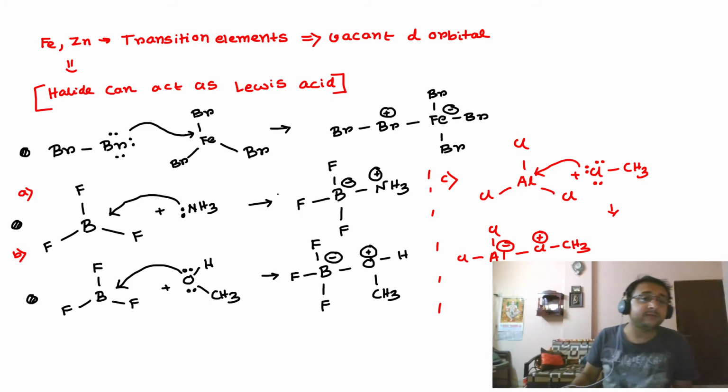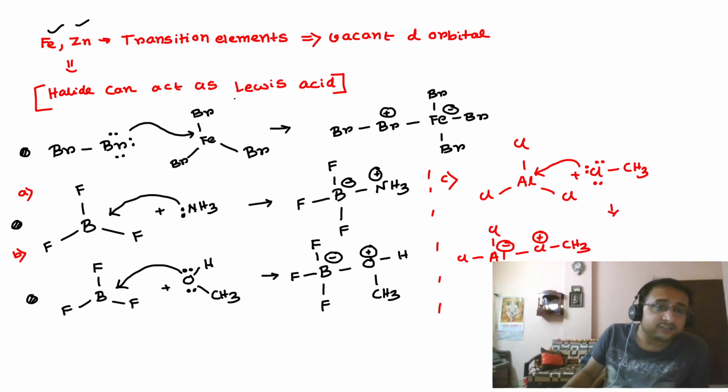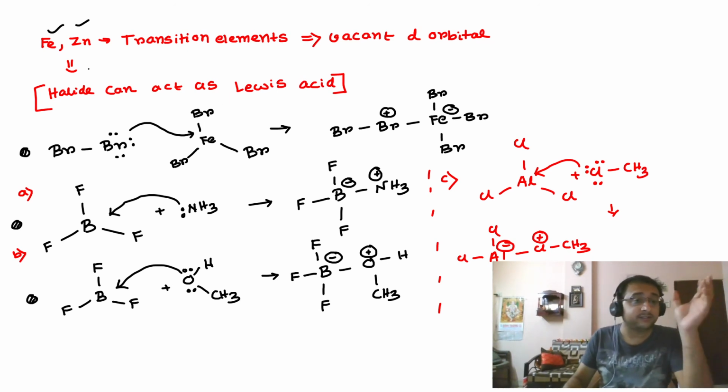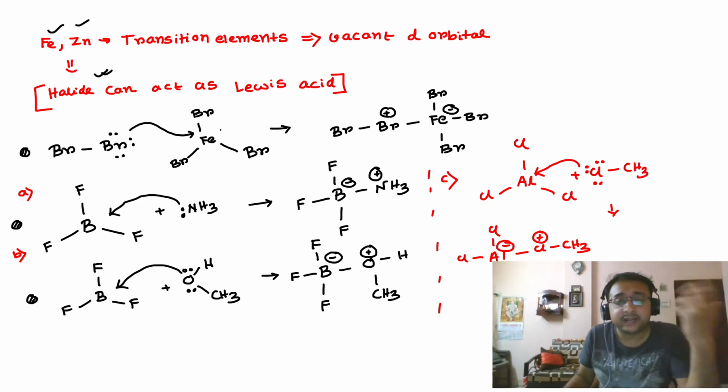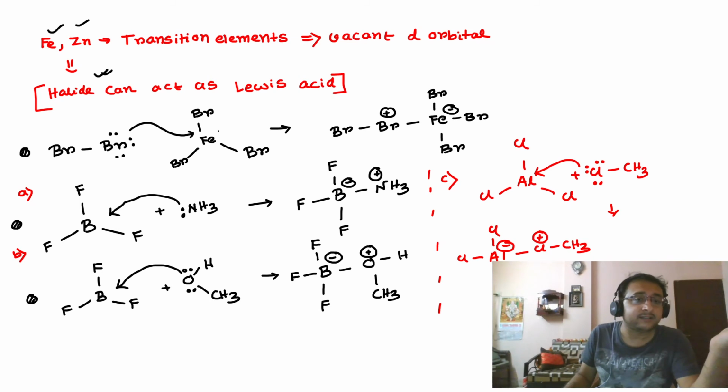On the other hand, there are some transition elements like iron and zinc. These transition elements have some vacant d orbitals, and these vacant d orbitals can also accept electrons. So these transition element halides can also act as Lewis acids, because as they have vacant d orbitals, they can accept electrons from another moiety.